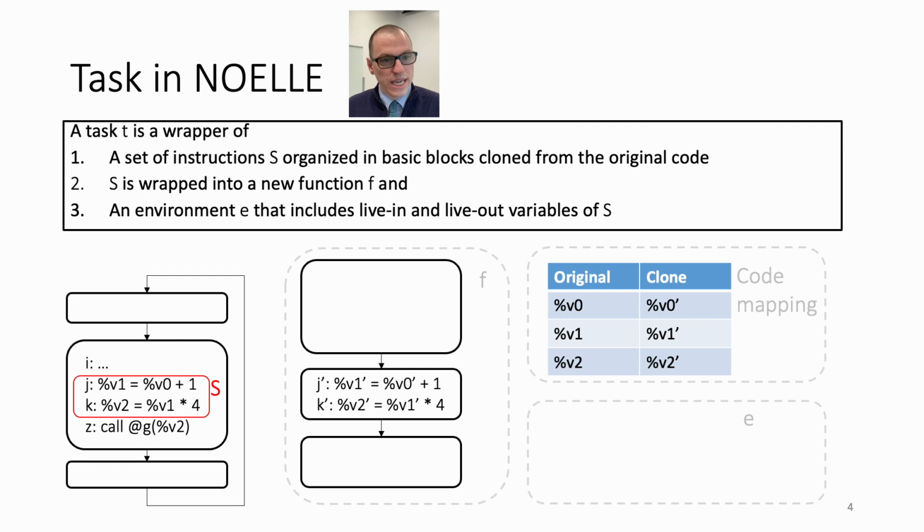When we create this function F with the clones, the task abstraction automatically keeps track for you of the mapping from the original code to the cloned version.